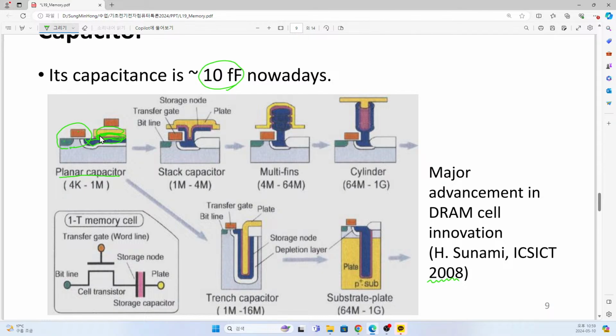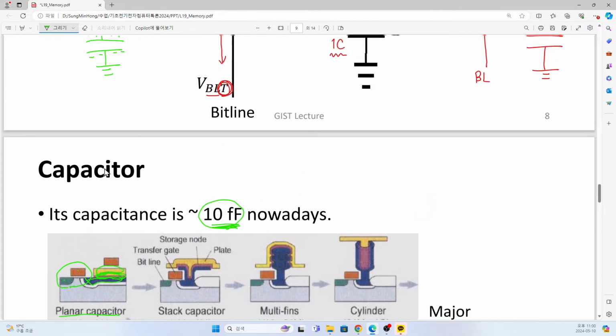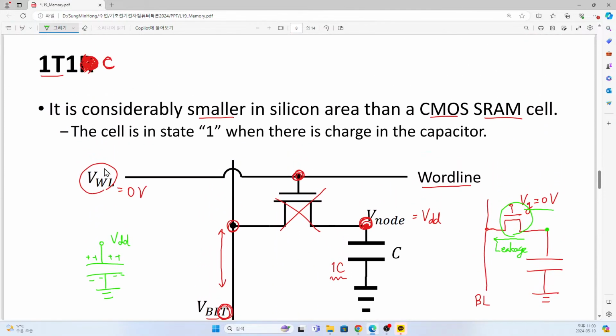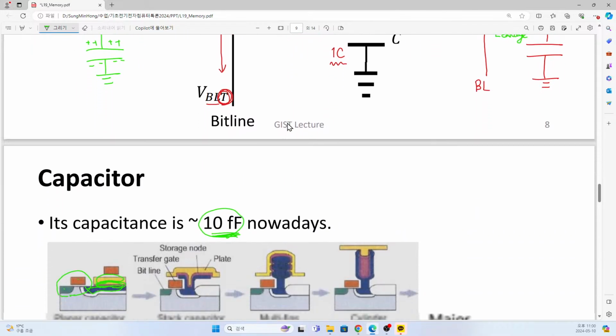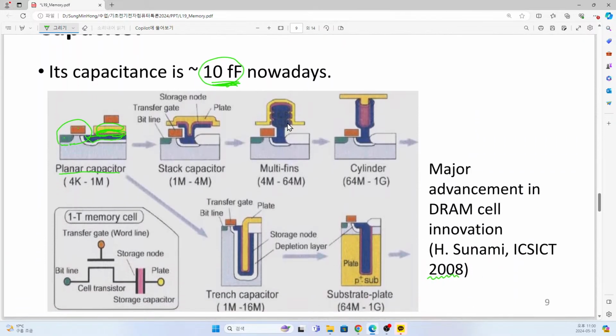However, in order to supply a sufficient amount of capacitance, we have to introduce a very wide capacitor. So please note that the main driver for this DRAM development is its small area compared to the SRAM. So therefore, it is not very good to have this kind of planar capacitor.